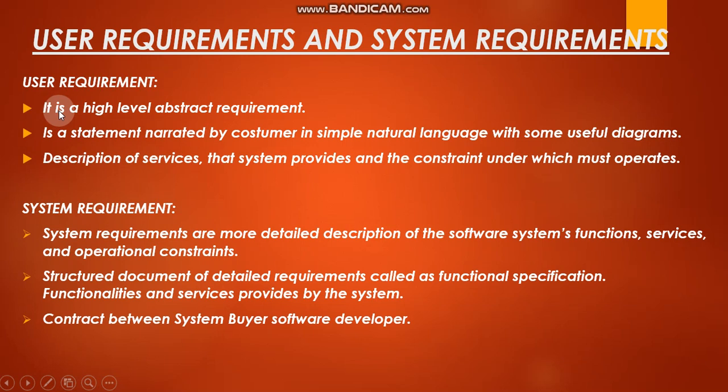User requirements is a high-level abstract requirement. Abstract means the argument or discussion is general and not based on particular examples only. It is a statement narrated by the customer in simple natural language with some useful diagrams, a description of the services that the system provides and the constraints under which it must operate.